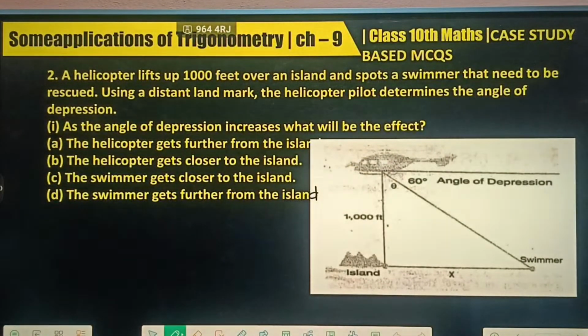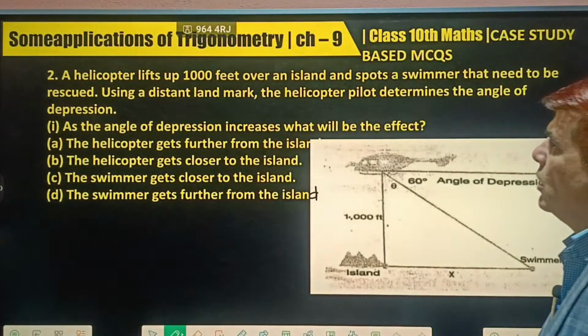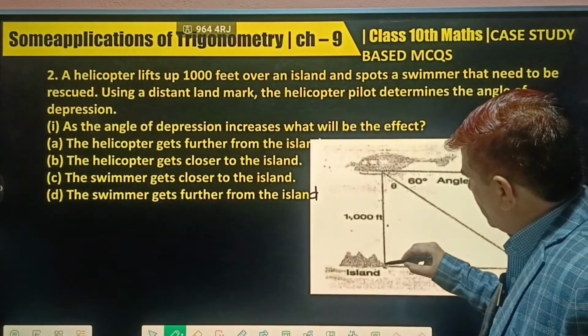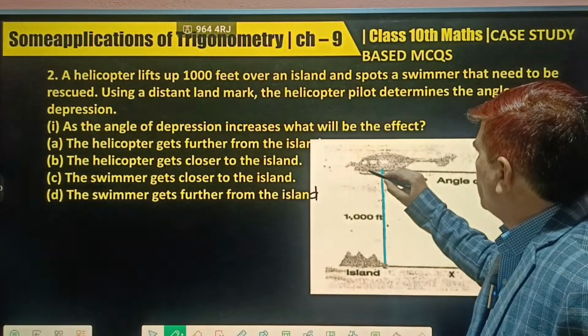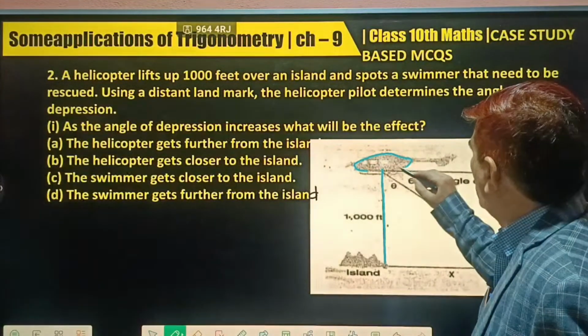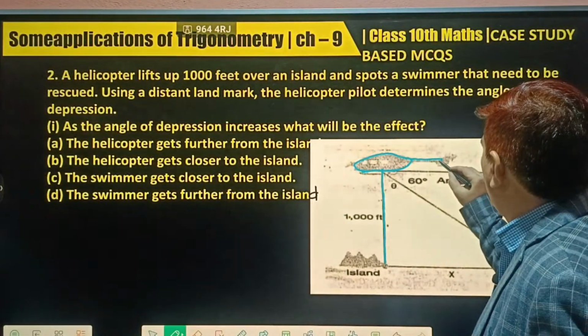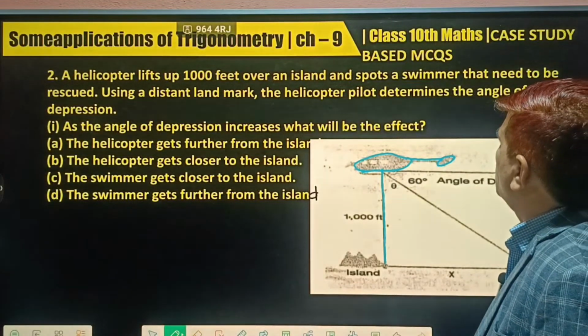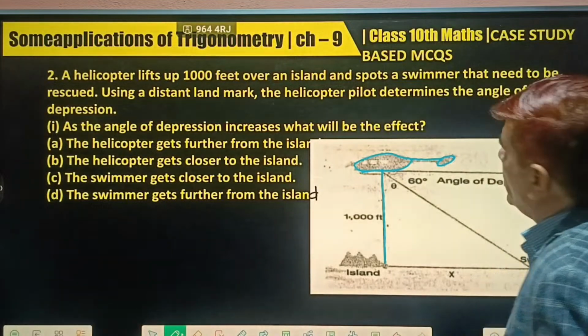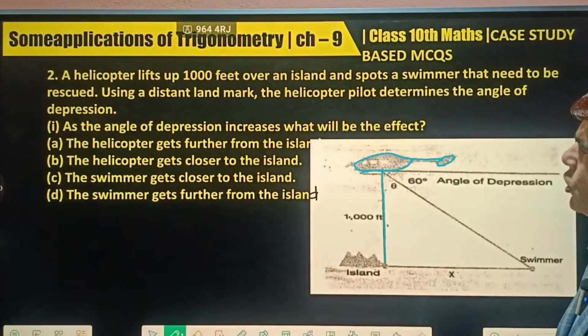One more question is given. A helicopter lifts up to 1000 feet. The helicopter is standing perpendicular; this is the place of the helicopter. An island and a swimmer who needs to be rescued.